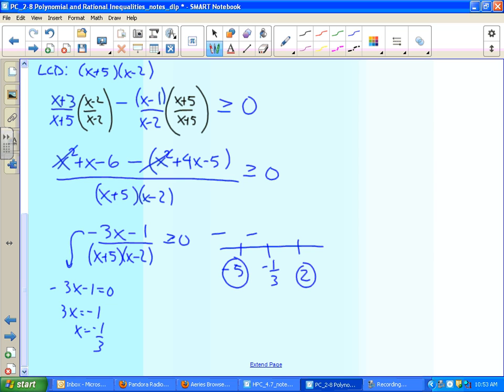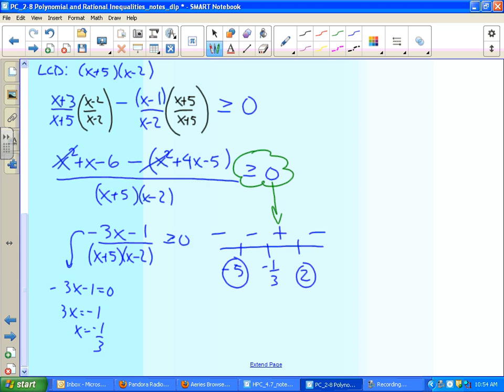If I test a 0 now, I get a negative on the top and a negative on the bottom, which is positive. If I test a 3, I get a negative on the top and a positive on the bottom, which is a negative. So look at that, that's a little different than we've seen before. Negative, negative, plus, negative.